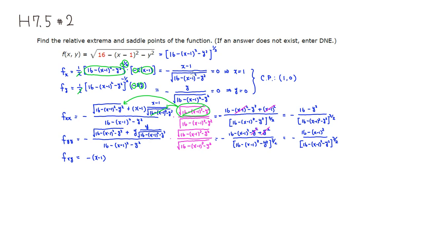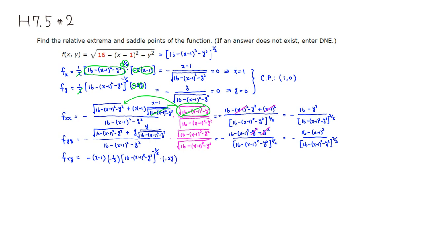So put negative 1/2 in front, keep the same quantity, 16 minus (x minus 1) squared minus y squared, to the power negative 1/2 minus 1, so negative 3/2. Then multiply by the partial derivative inside with respect to y, which is negative 2y.